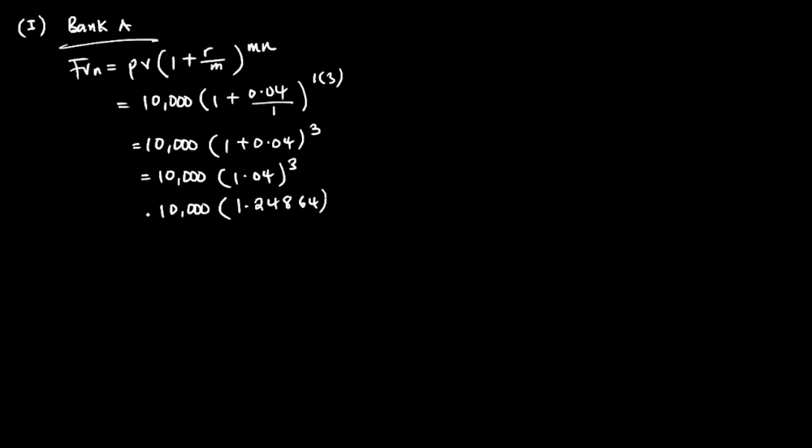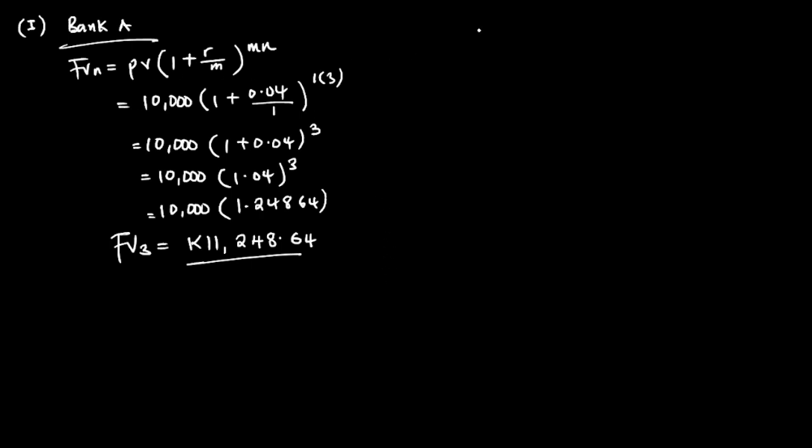So when you multiply with the 10,000, the future value after 3 years will be 11,248.64. Meaning, if this madam was to invest in Bank A, this is how much she can generate after 3 years.